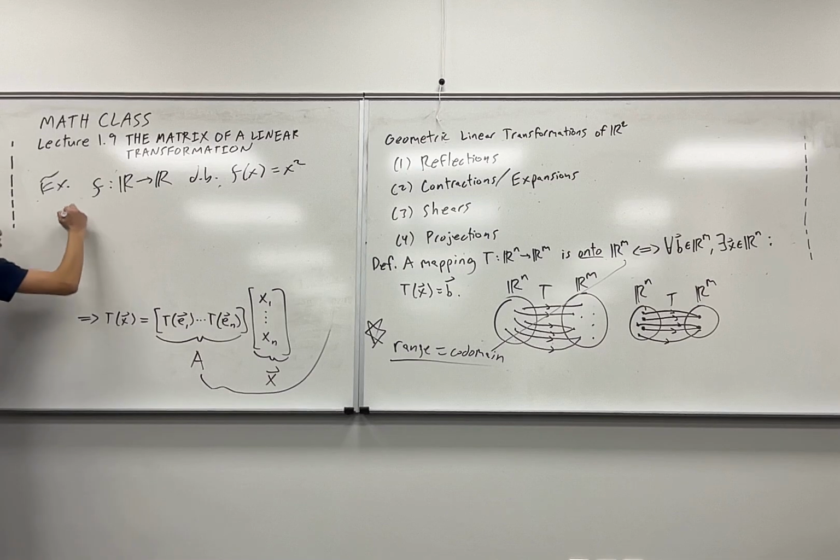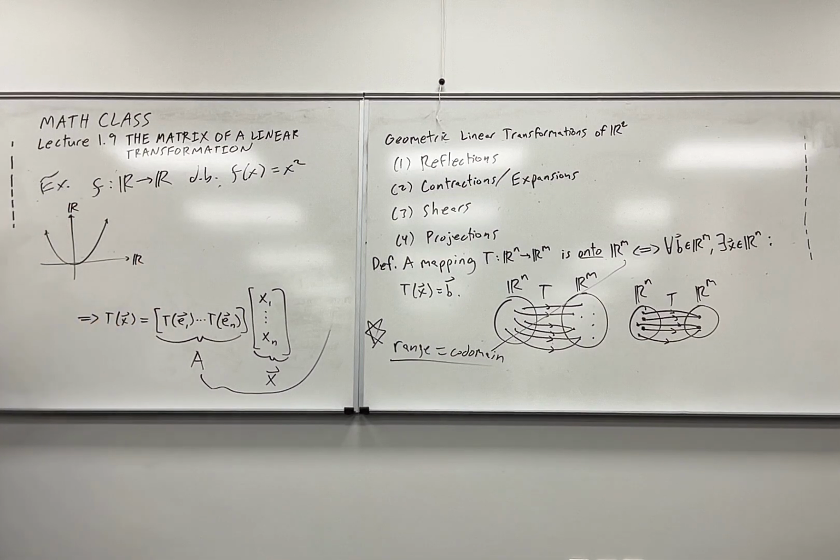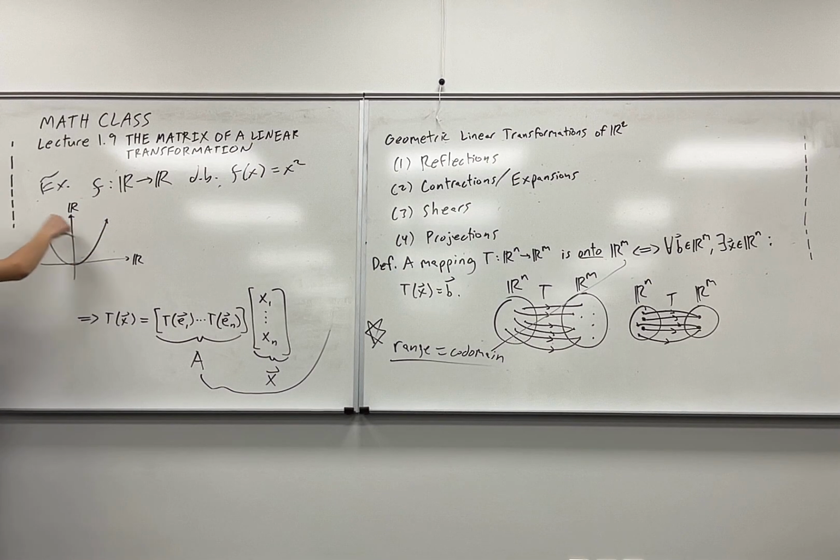Visually, this is the set of real numbers, and this is the set of real numbers. So I ask myself, is this mapping R onto R? Is this particular function onto?